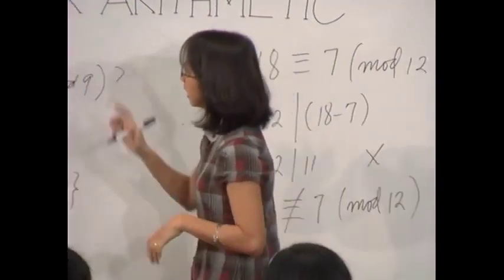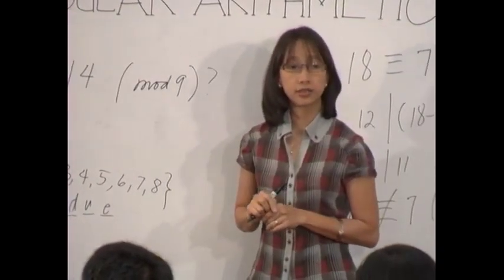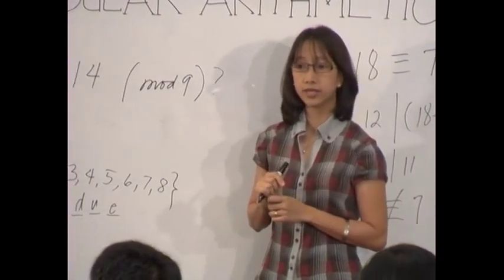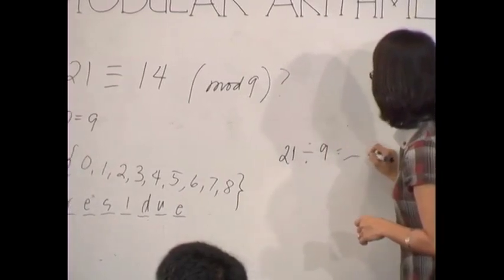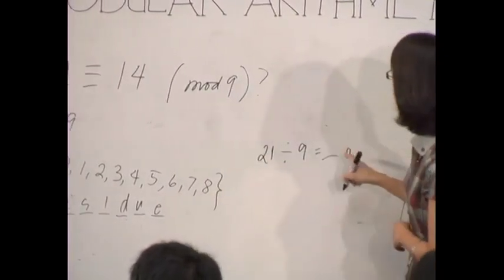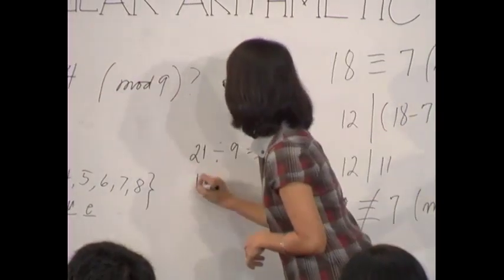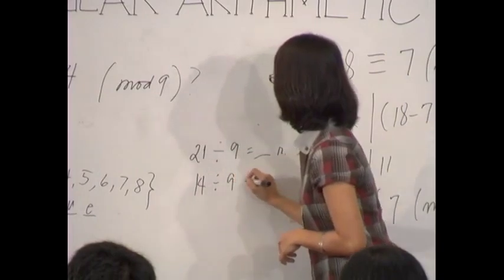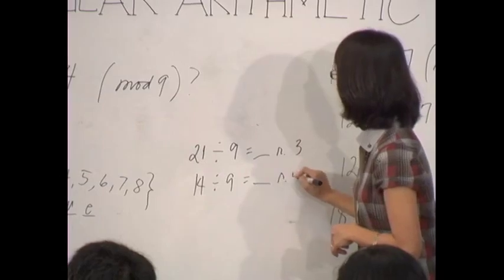So let's see. If I divide 21 by 9, what residue will I get? What remainder will I get? 3. So if I divide 21 by 9, I'll get 2 remainder 3. How about 14? If I divide 14 by 9, what will I get? 1 remainder 5.